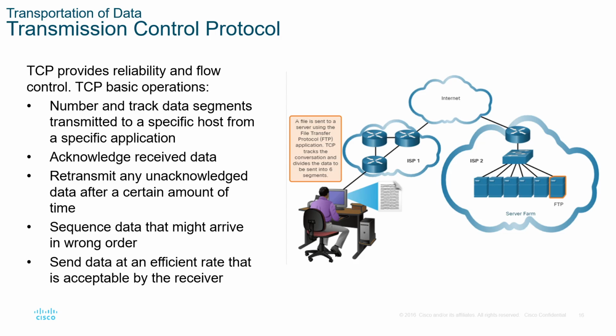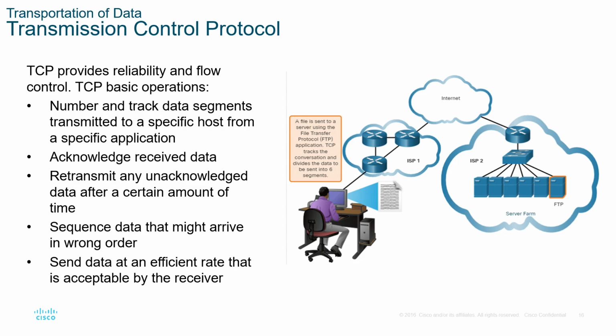So how does this happen? TCP and UDP do these things differently. TCP provides reliable connections and something called flow control. It numbers and tracks. There's something called a sequence number in a TCP segment that tracks it from end to end.